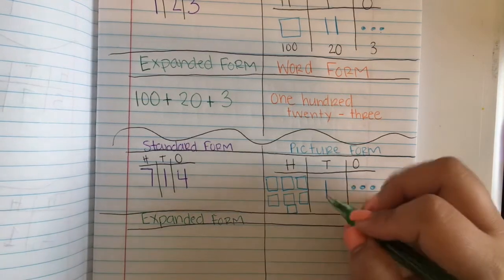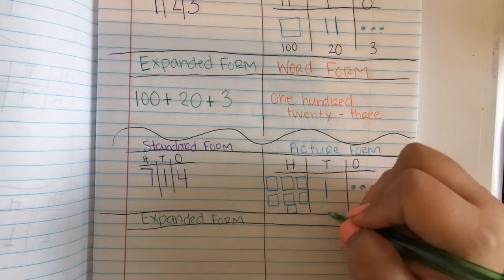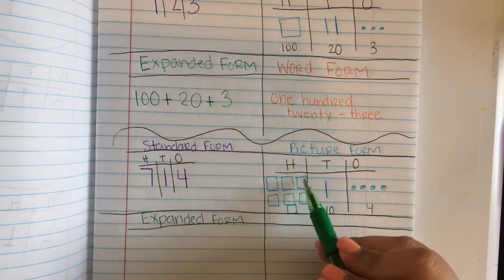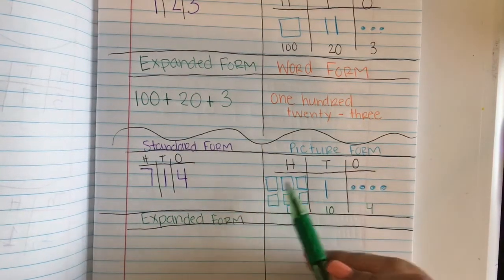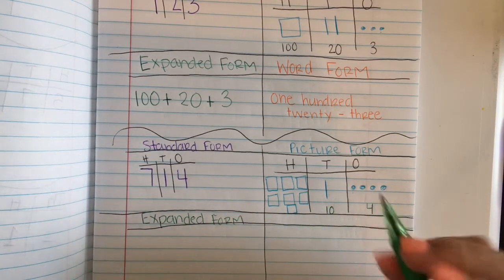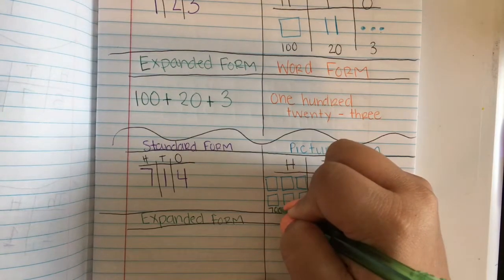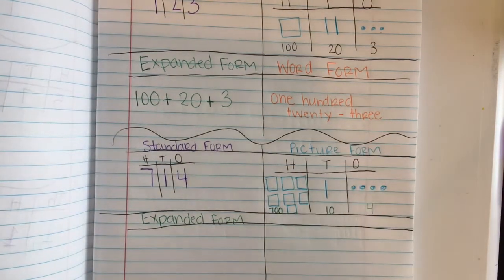And that's not it. So this 10 represents 10. Then I have 100, 200, 300, 400, 500, 600, 700. So this right here, it doesn't fit on that side, so I'm going to write it right here. 700.